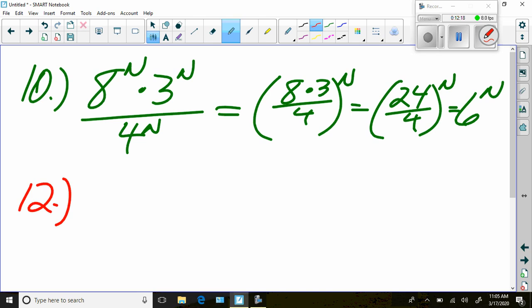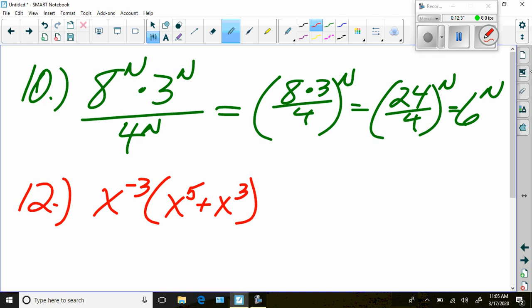I'm going to keep going, because I think I can do number 12 right here. Christmas colors. X to the negative 3, x to the 5th, x to the 3rd. Well, guess what? I can just distribute this puppy. I can take this whole thing and go, and because they're the same base, right?